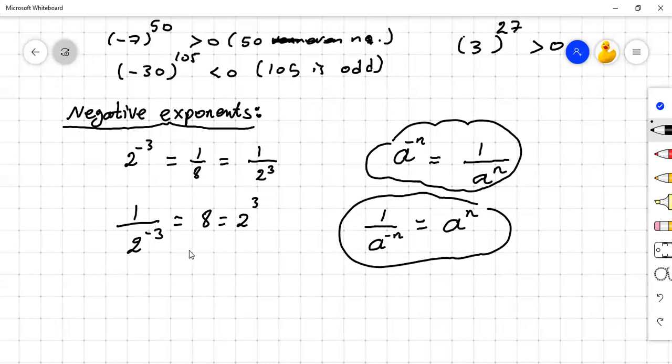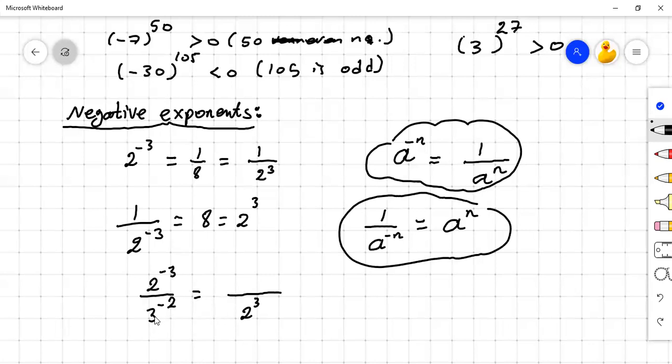These two forms of the negative exponents, let's take some examples. If we take, for example, 2 exponent minus 3 over 3 exponent minus 2. Here, 2 exponent minus 3, we can flip the negative exponent to the denominator, so we can write 2 exponent 3 here, because 2 exponent minus 3 is the same as 1 over 2 exponent 3.